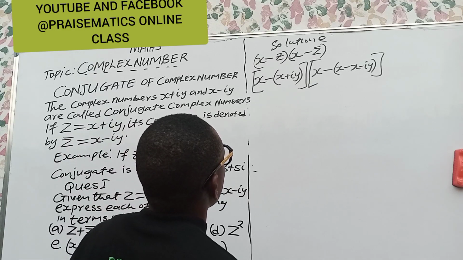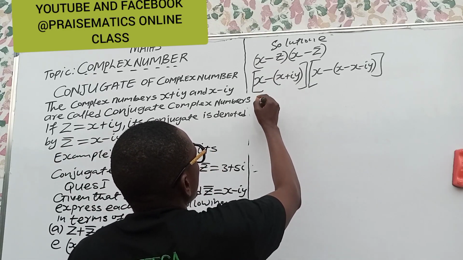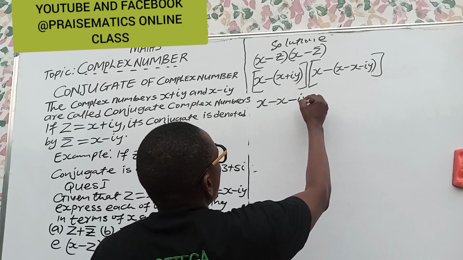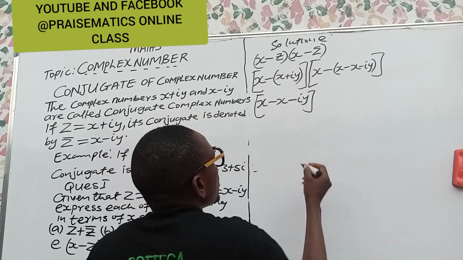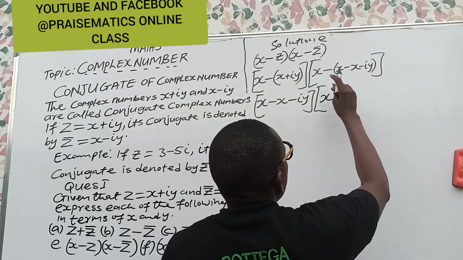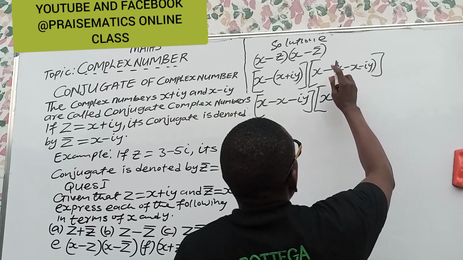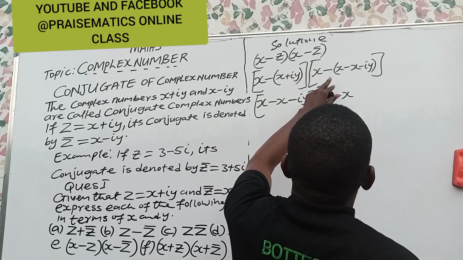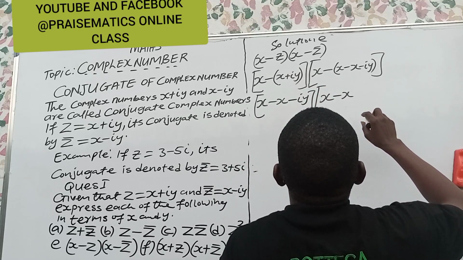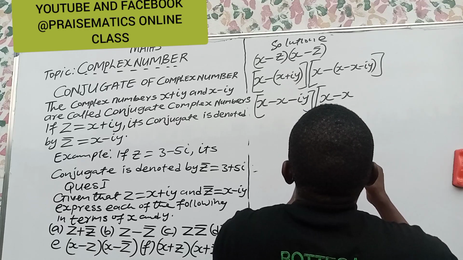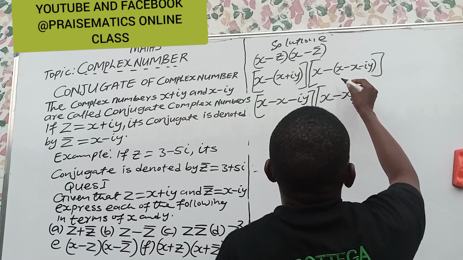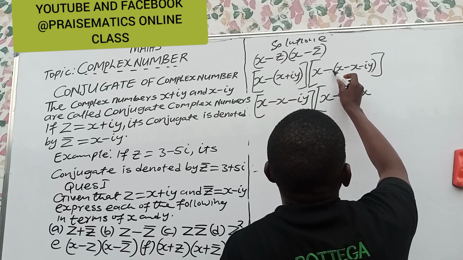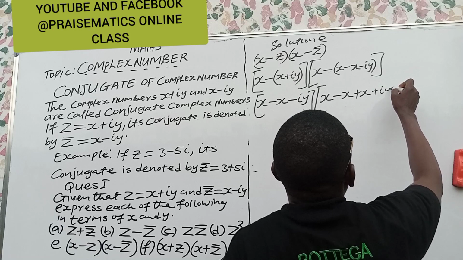Okay, now how do we do this? Expand inside the bracket: x minus x, minus times this will give us minus iy, close the bracket, into x minus times this, plus x, minus times this, plus iy.